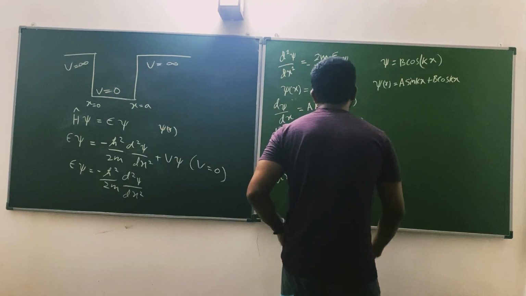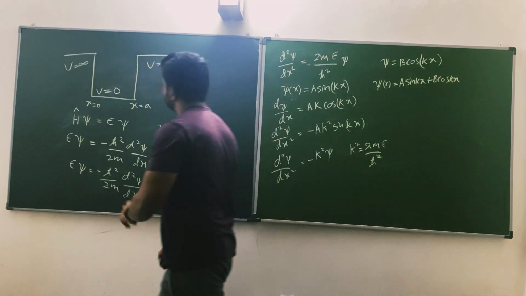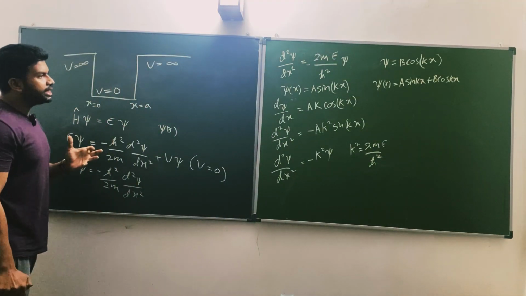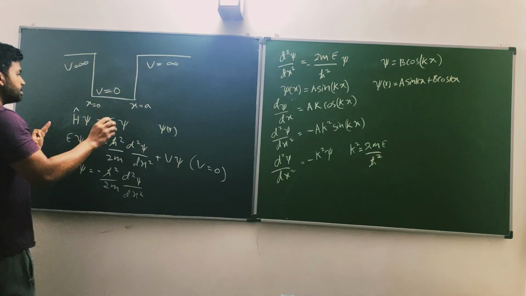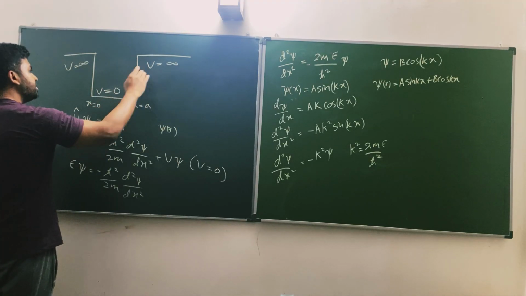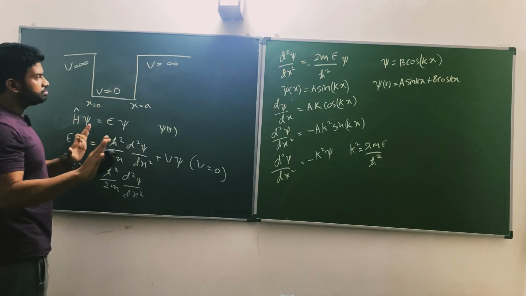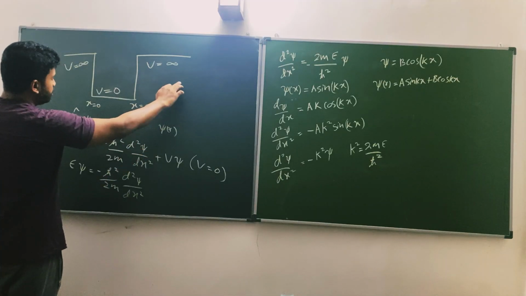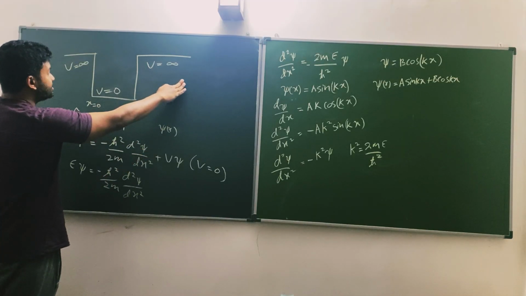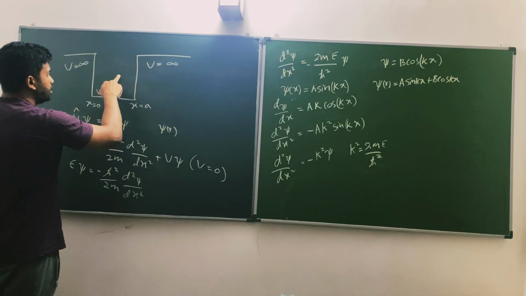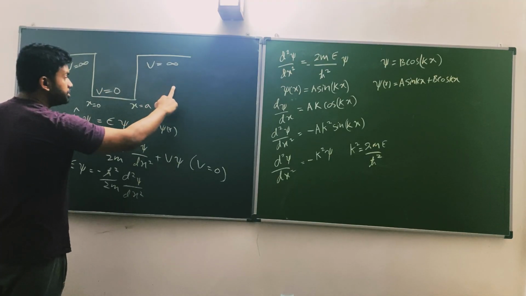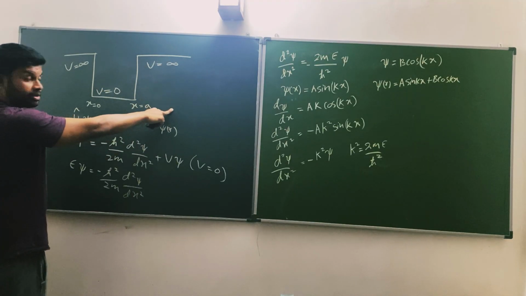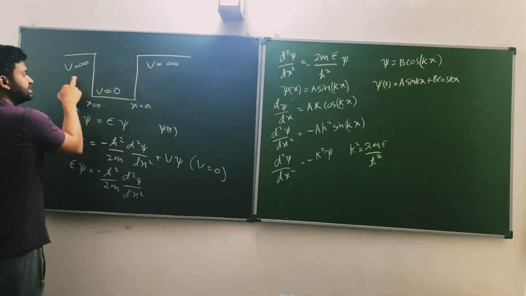Mathematically, guys, there are some things to notice. Now here you can clearly see that the particle would never appear here, because the potential is already infinitely large. Therefore, there's no way that the particle could reach this end. On the other side, the particle can't ever reach this end too.